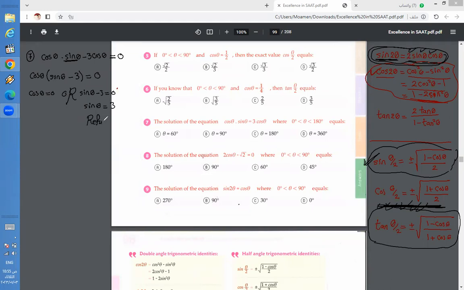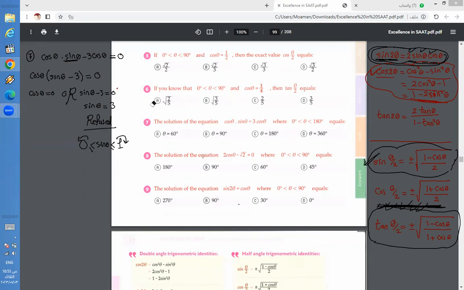Refused because the value of sine or cosine is included between -1 and 1. It can't be more than 1 and can't be less than -1.